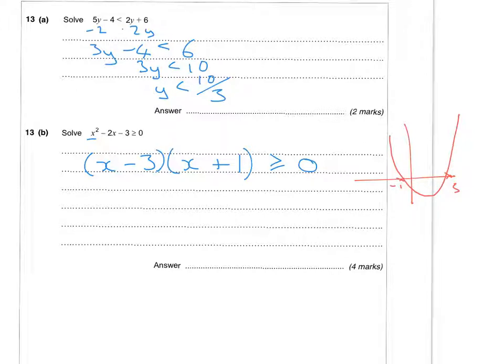When is that curve greater than 0? So when x is greater than or equal to 3 or x is less than or equal to -1.